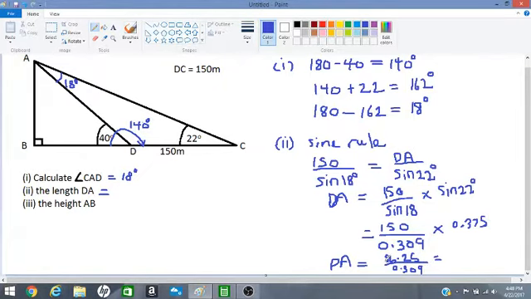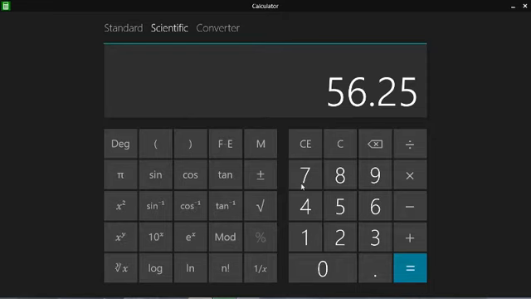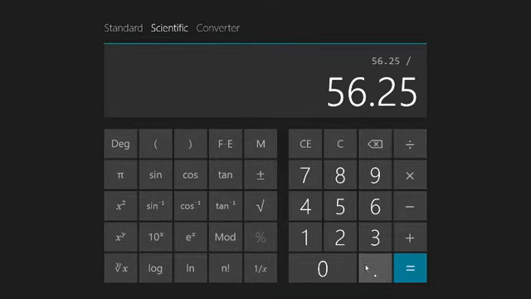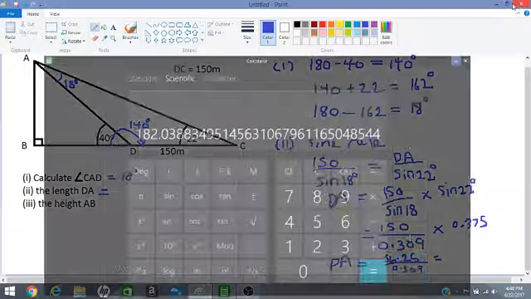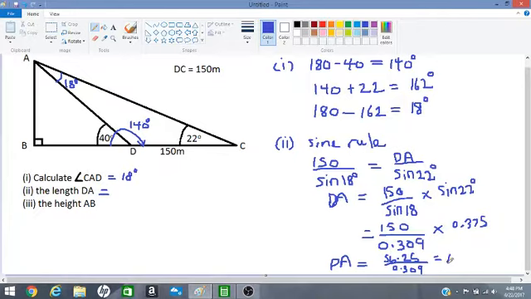Let's go ahead and work that out, and we get 182.03. We'll round it off to the nearest whole number. 182 meters. That's how we use the sine rule. So I'll write it in on the diagram.